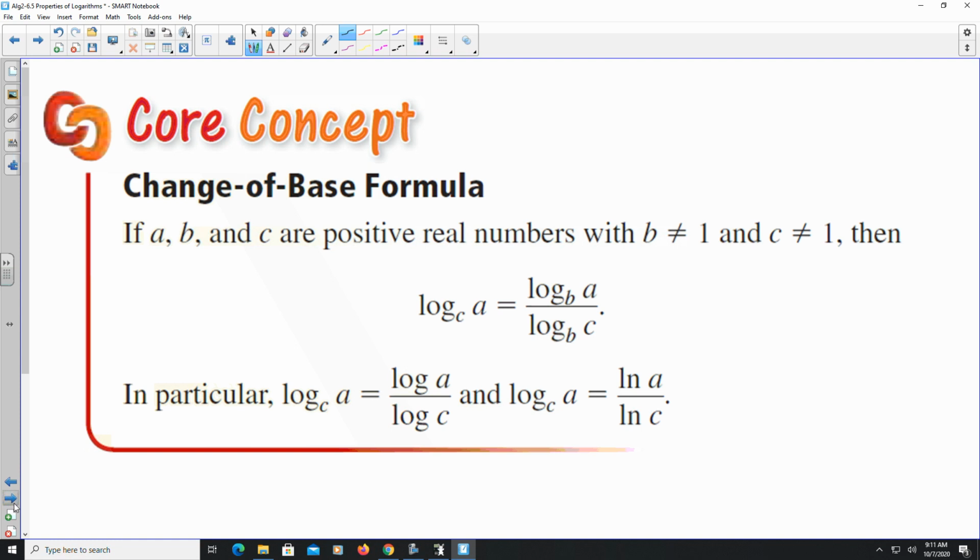Since our calculator does everything in base 10, my suggestion is to always make b equal to 10, so we can plug it into our calculator that way.